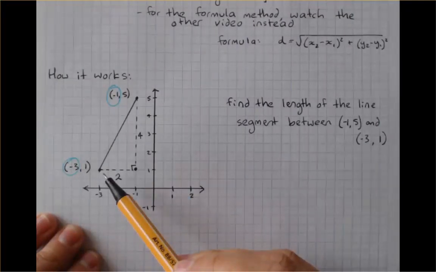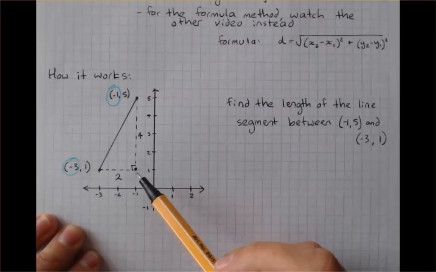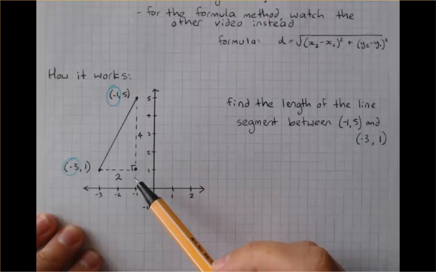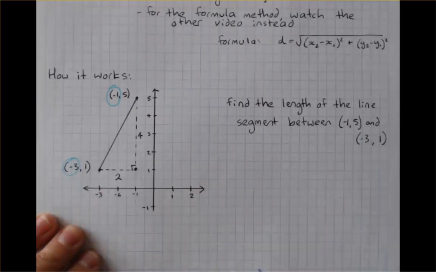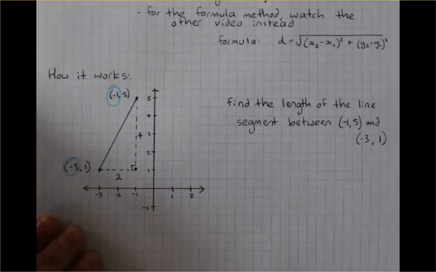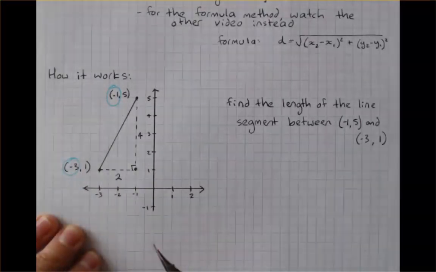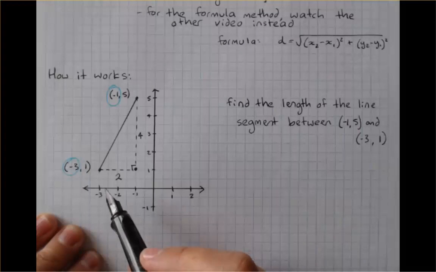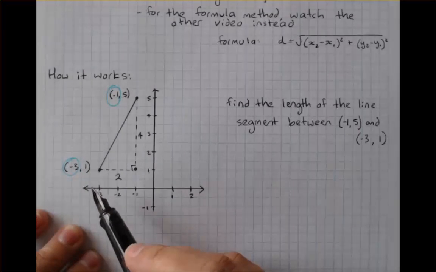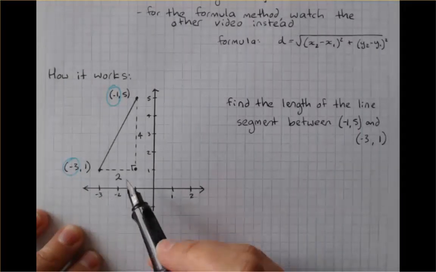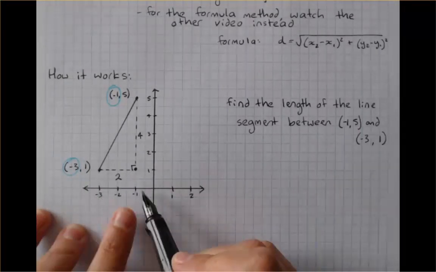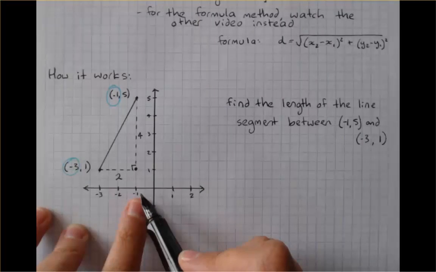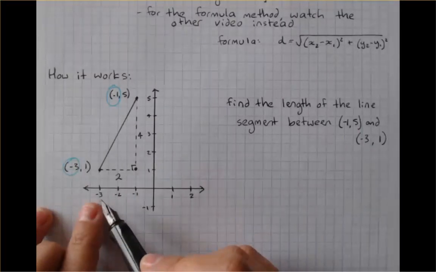To get that distance, basically what you're going to need to do is subtract the values. And you're going to do largest value minus smallest value, but do remember that -1 is actually larger than -3.